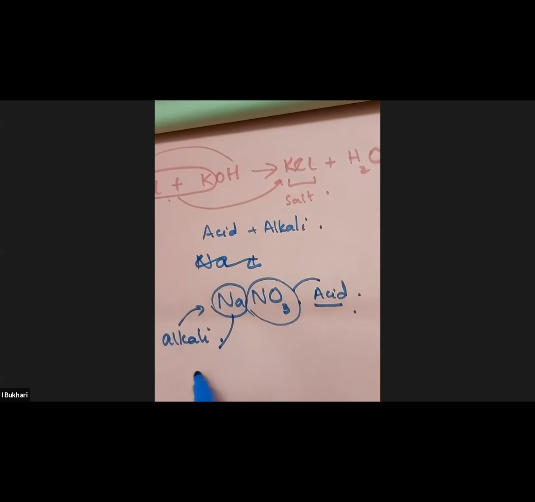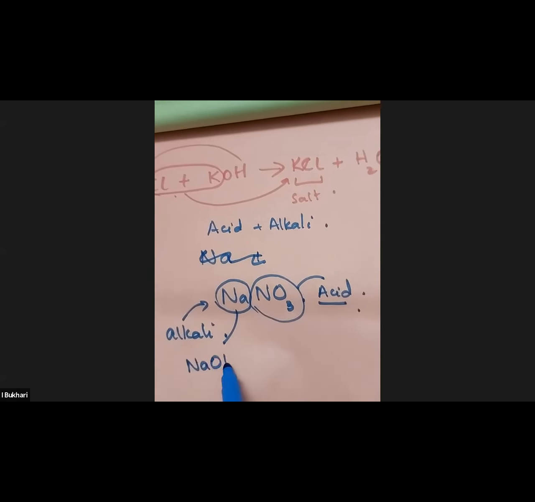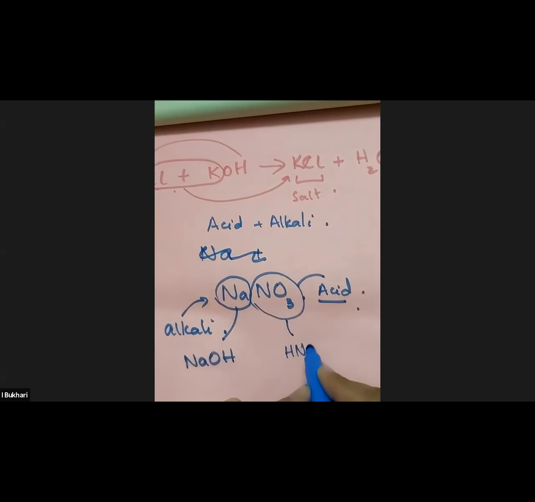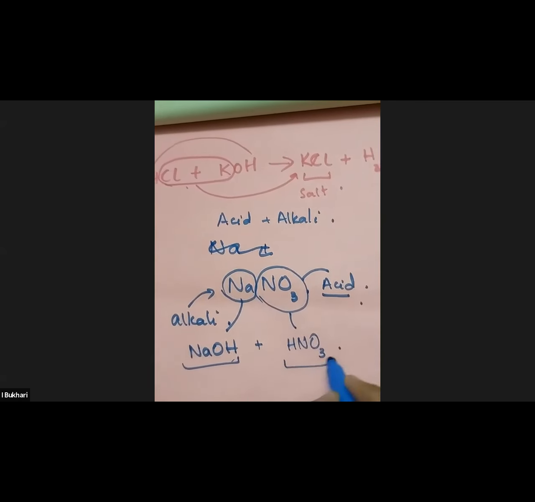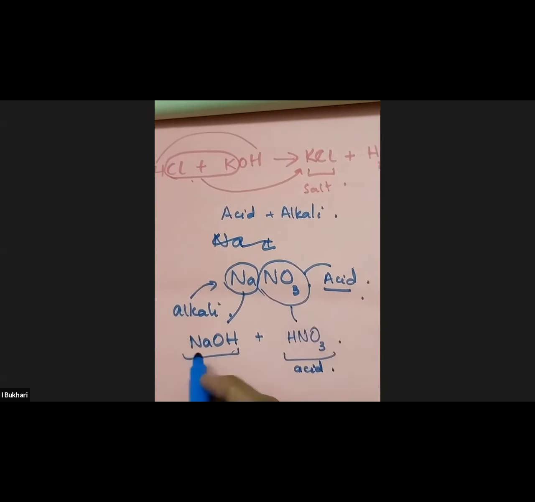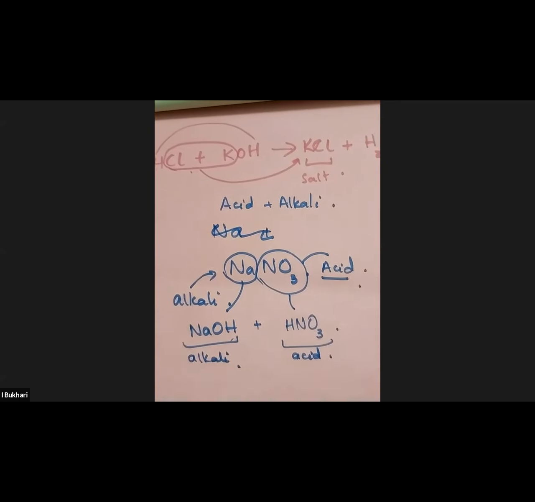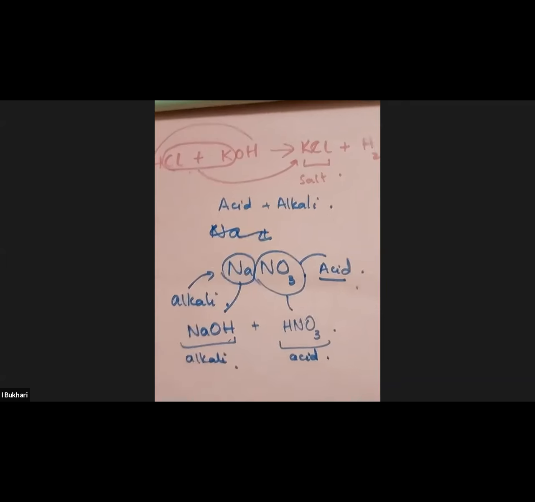So this sodium would come from the alkali sodium hydroxide, and nitrate can come from the acid nitric acid. Nitric acid with sodium hydroxide can give us sodium nitrate, right? Did you understand? Yes, okay.